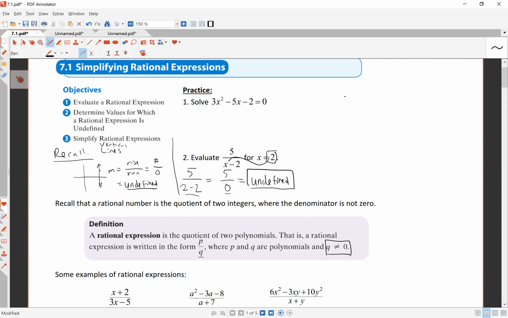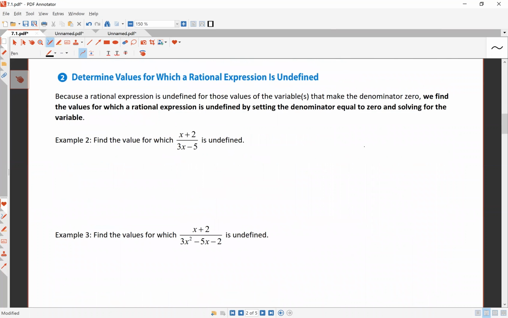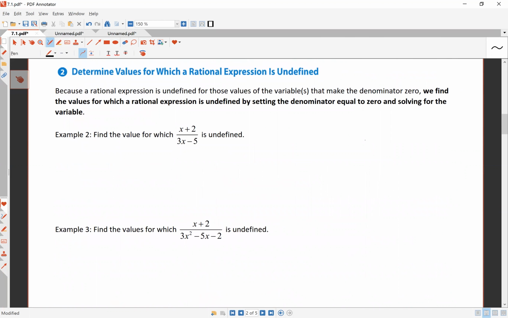When asking when a rational expression is undefined, it's all about what makes the denominator equal to 0. Because a rational expression is undefined for those values of the variable, or variables, that make the denominator 0, we find the value for which the expression is undefined by setting the denominator equal to 0.